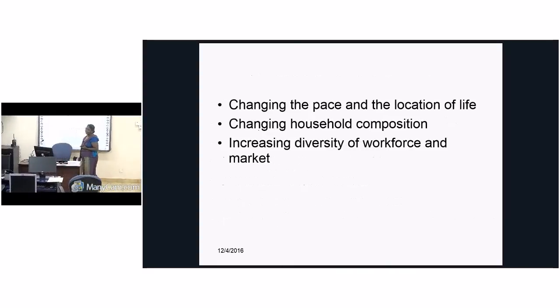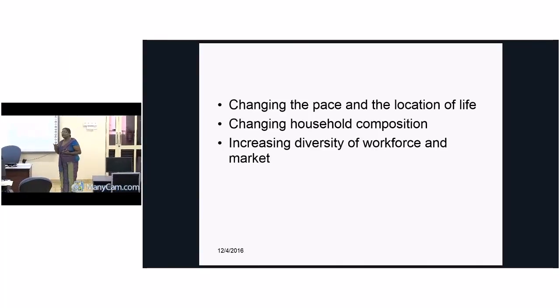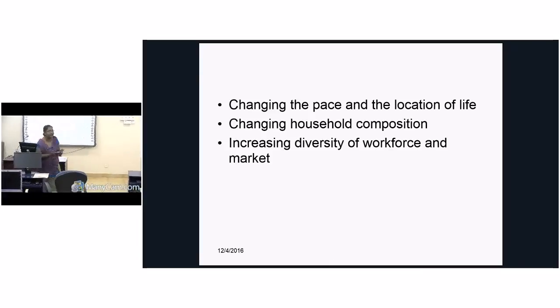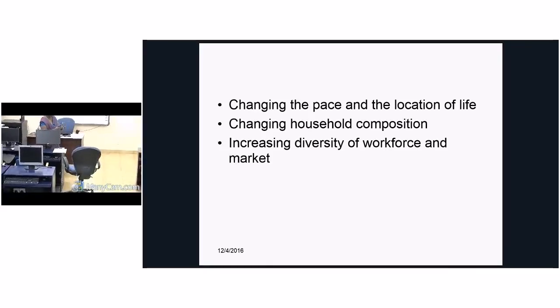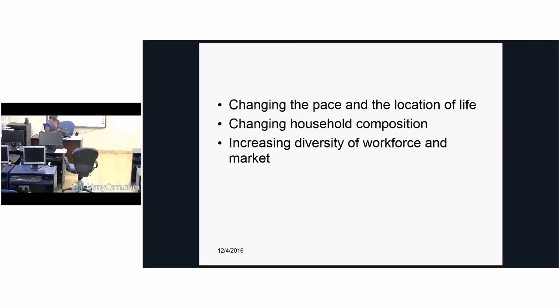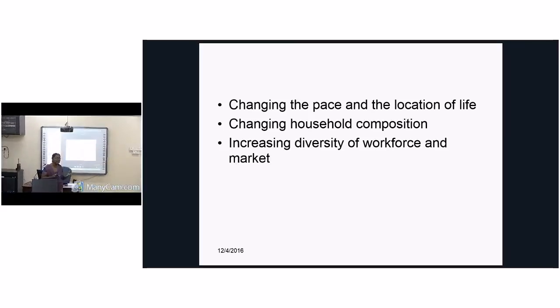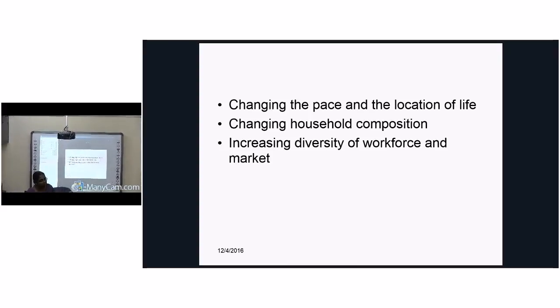Then changing the pace and the location of life. Again, it is another happening around us, among us. Our birth has taken place in some place and we live in some other place. And our children are staying somewhere else.